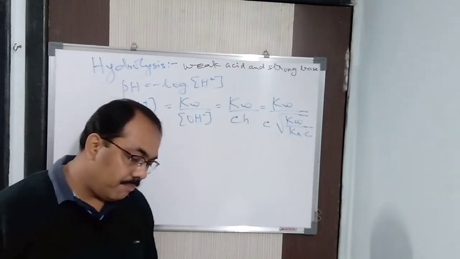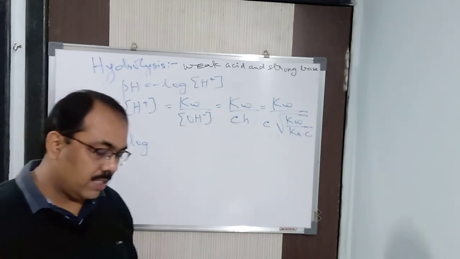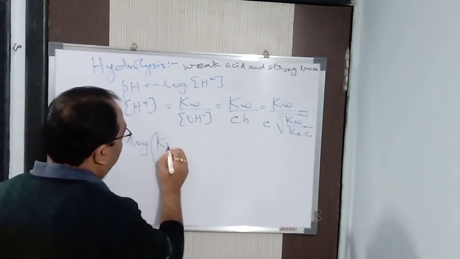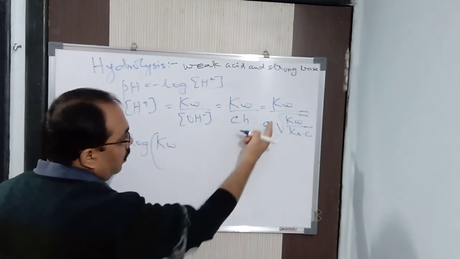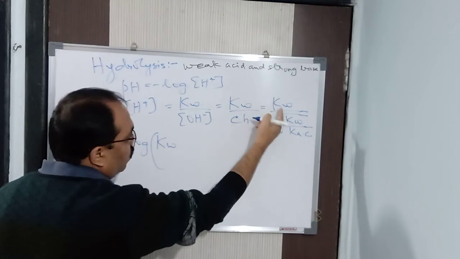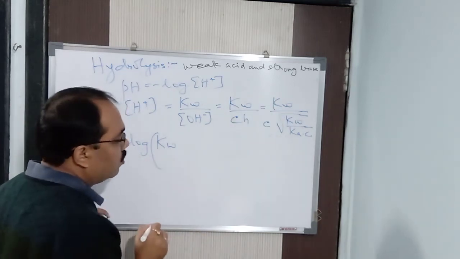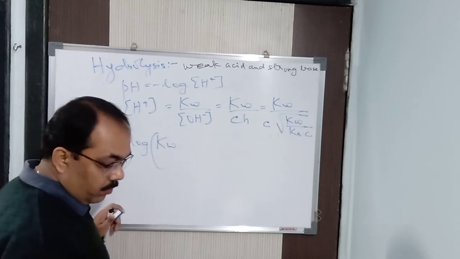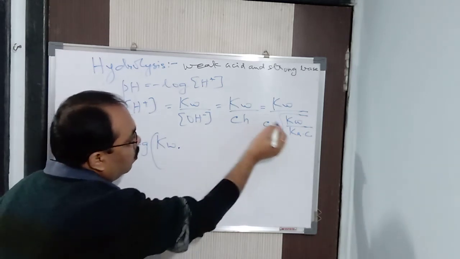Now when I simplify this, what will I get? That is Kw by C here, which is nothing but root Kw. So root Kw remains and Ka goes up.